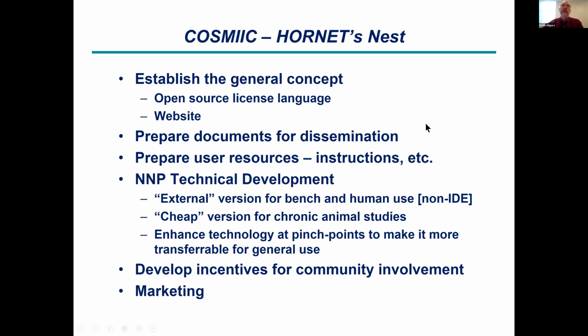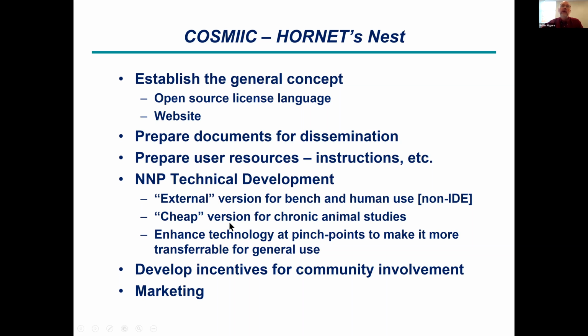And then also there would be some technical development that would be part of this proposal. And it's kind of like going backwards in time. So we already have an NNP that is human use quality, but really that's way overkill for use in chronic animals and use as an external version for humans.